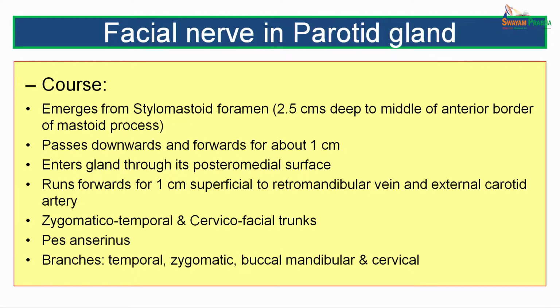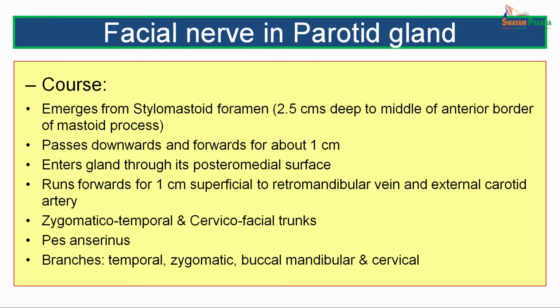The facial nerve leaves the skull by emerging from the stylomastoid foramen, which is 2.5 centimeters deep to the middle of the anterior border of the mastoid process. The nerve passes downwards and forwards for about 1 centimeter and then it enters the gland through the upper part of the posteromedial surface. It runs forwards for 1 centimeter superficial to the retromandibular vein and the external carotid artery.